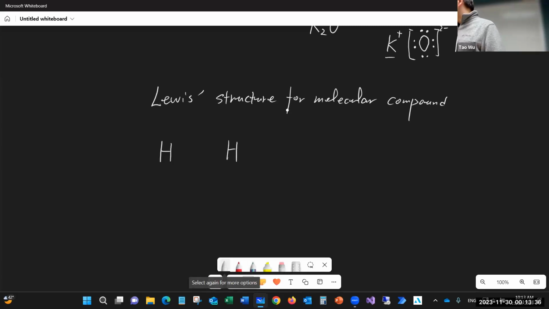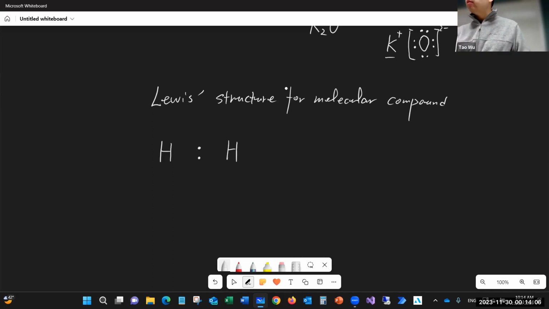So we have two electrons. Now these two electrons don't belong to me and also don't belong to you, but they belong to us." So instead of gaining the electron, they are sharing the electron. This is very important: they are sharing electrons instead of gaining or losing electrons.